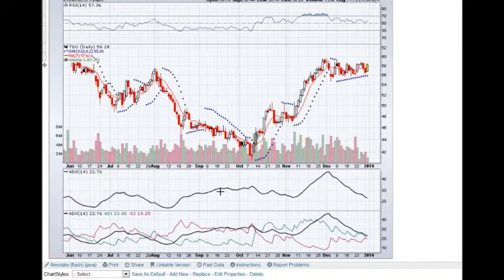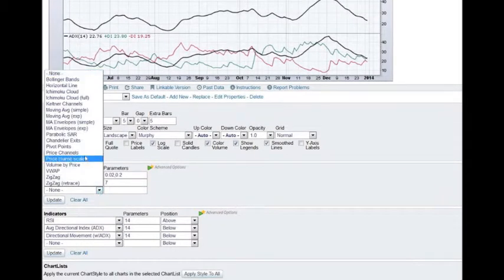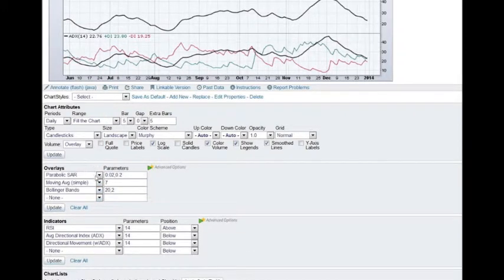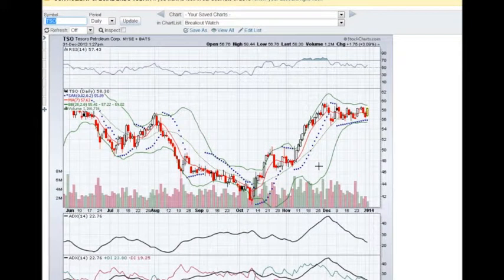One of the things I do like, I like this ADX, but one of the things that's very similar to it are the Bollinger Bands. We talk about the Bollinger Bands all the time, and what their use is. Essentially, when the Bollinger Bands are tightening, going from a wide period, like here in December, and they start to close in on each other, we know the stock is consolidating.